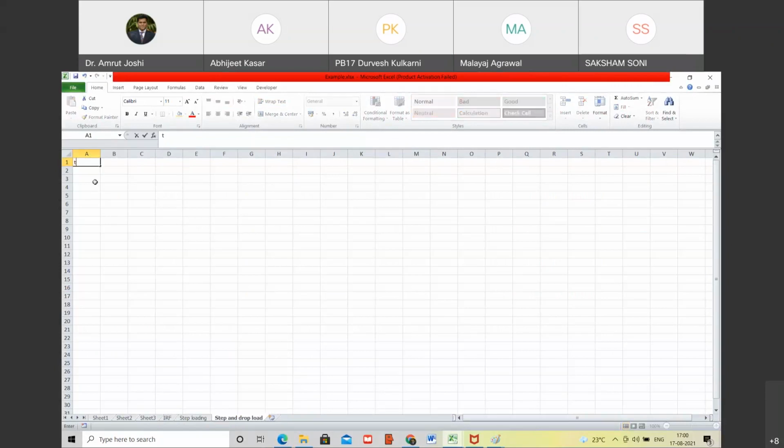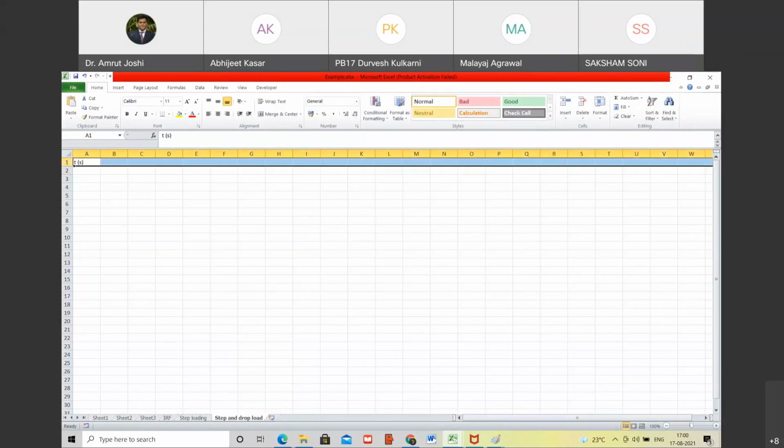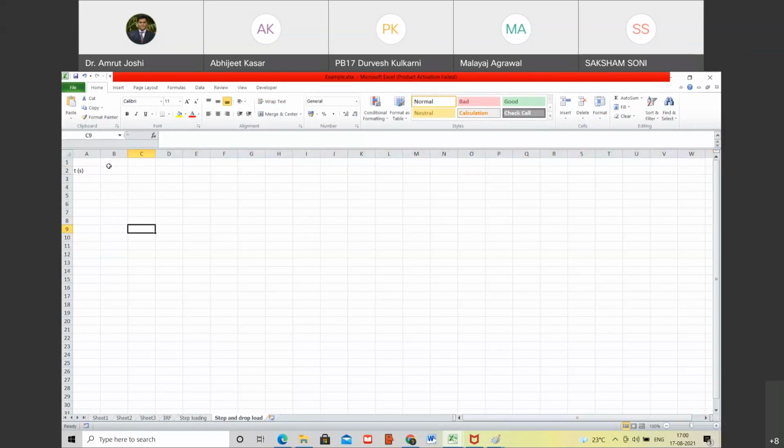Then we are going to have the first column as T in seconds.